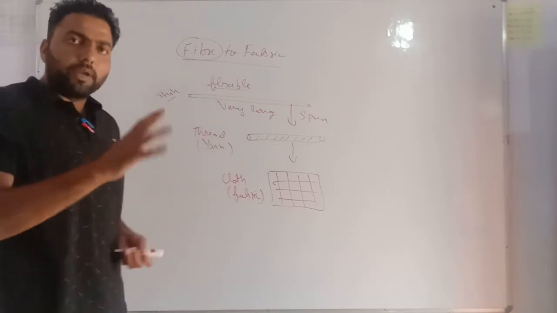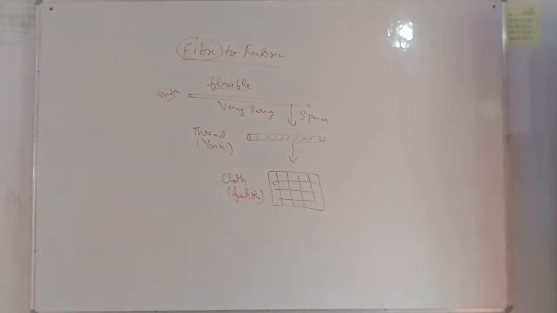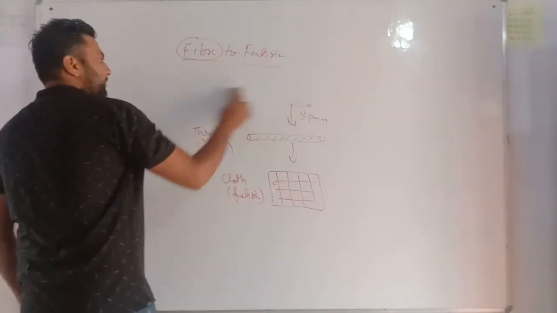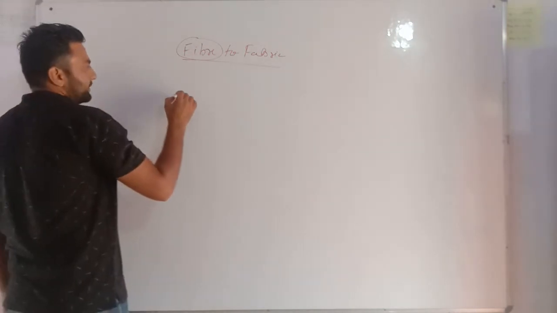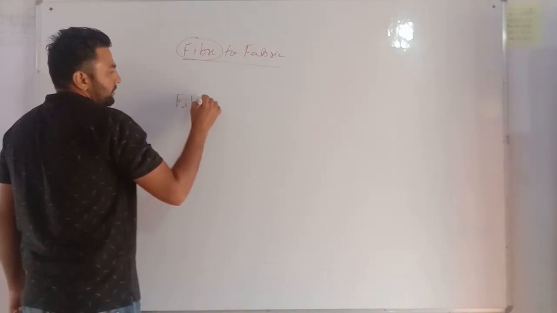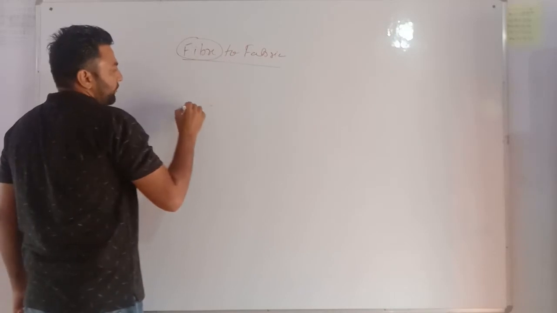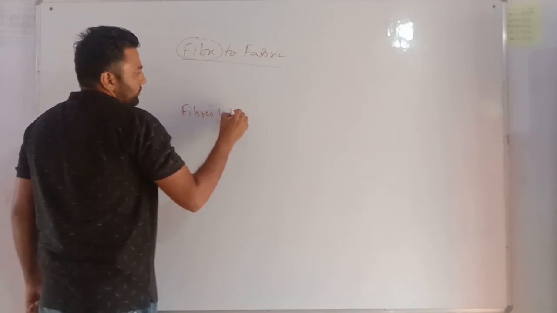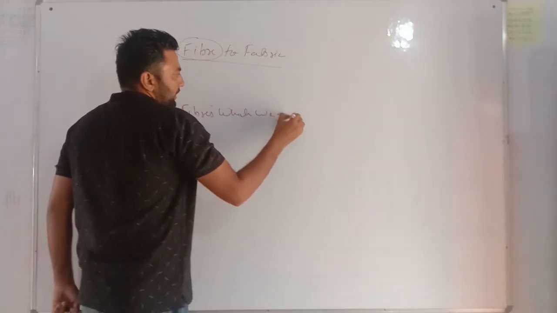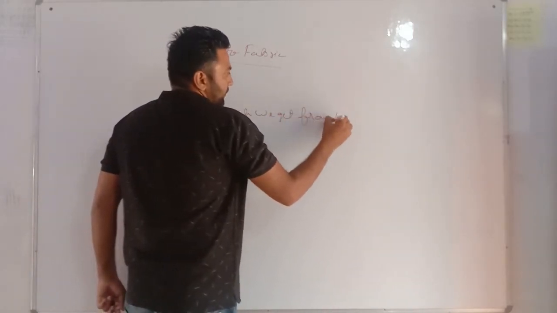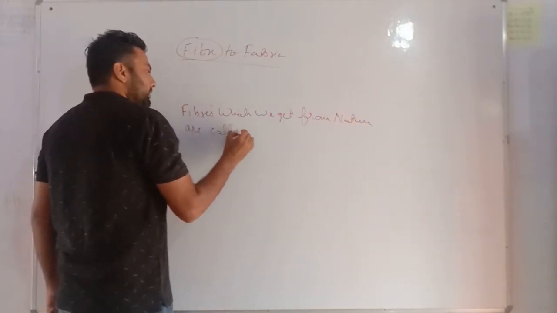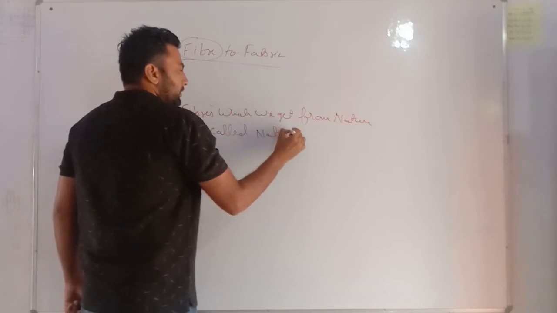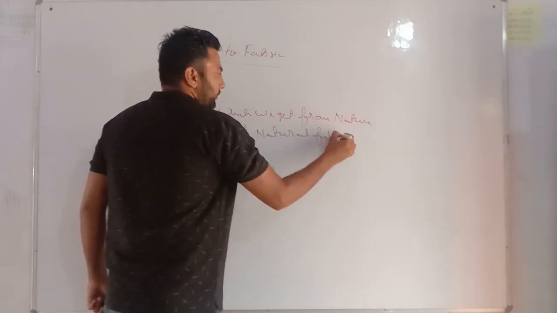See, my dear students, we already know about fiber. In sixth grade, we studied fibers which we get from plants. Any fiber which we get from nature is called a natural fiber.